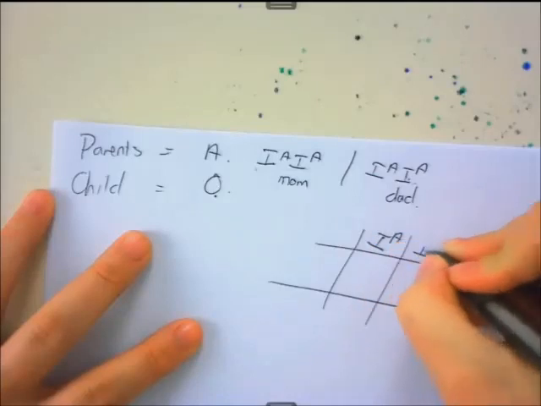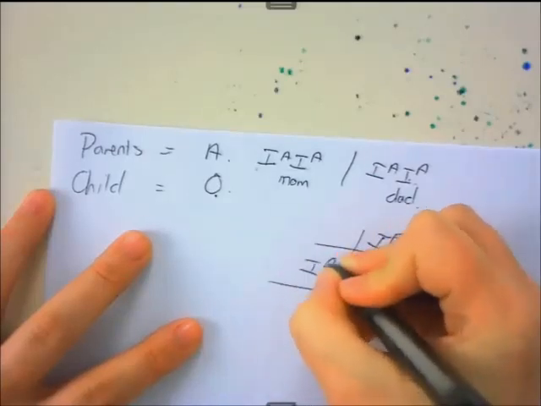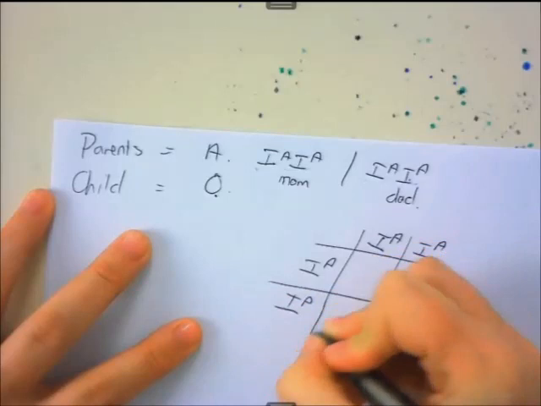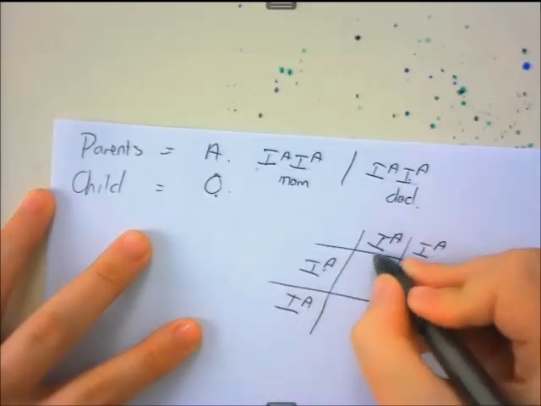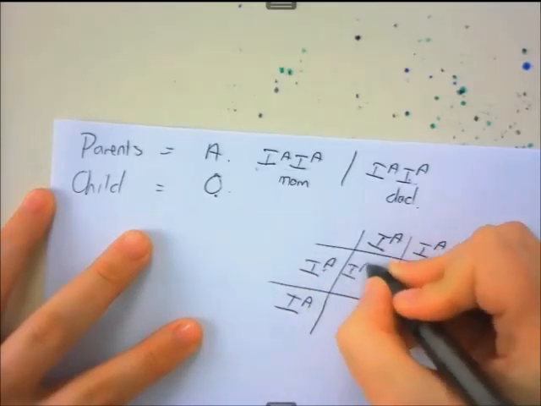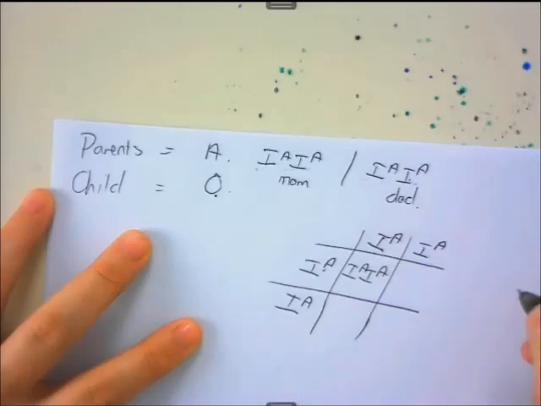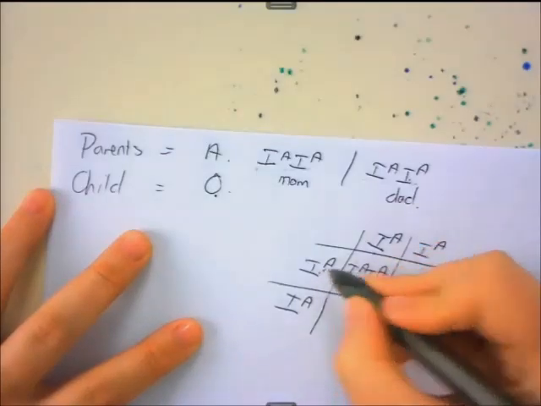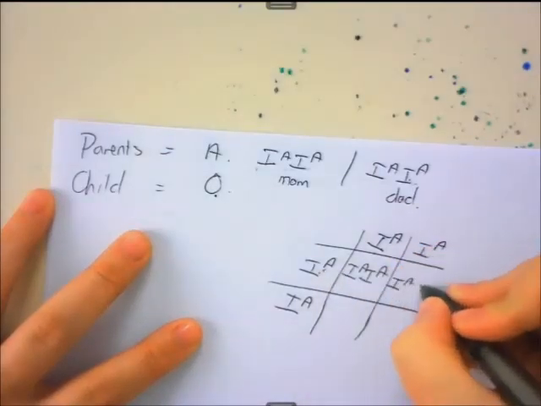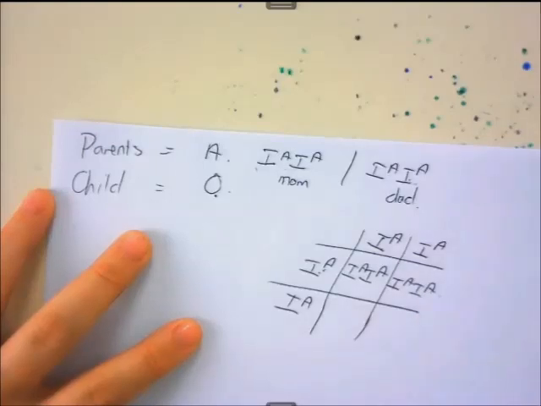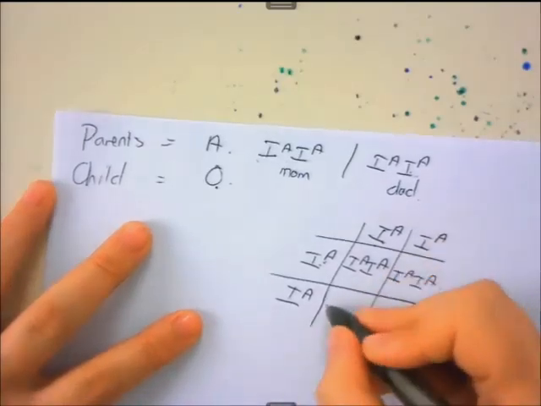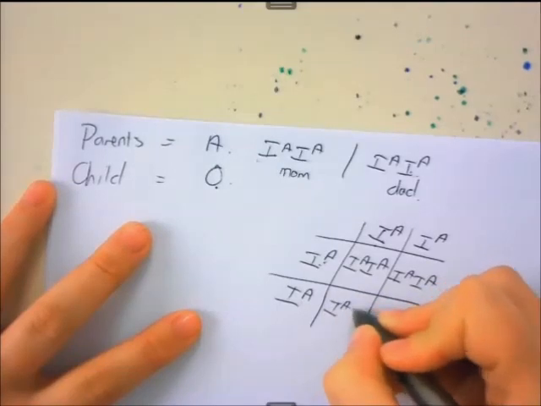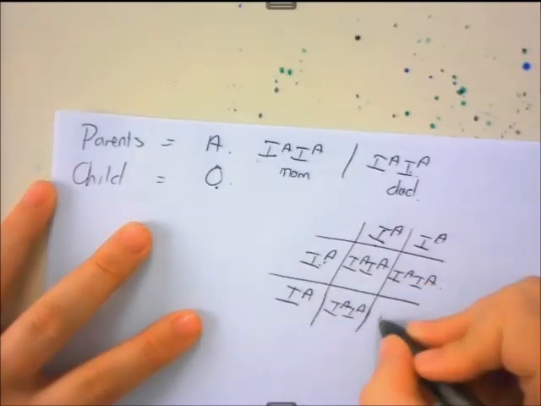Because what you would have is this in your Punnett square. Those two would code for a homozygous dominant condition. Those two would code for another homozygous dominant combination. So would those, and so would that combination.